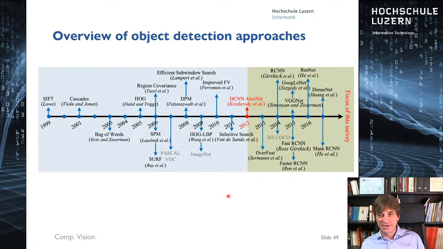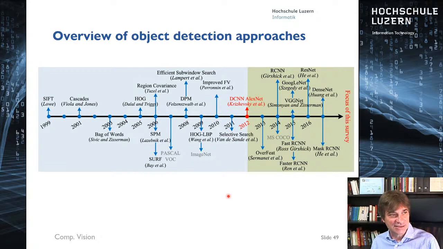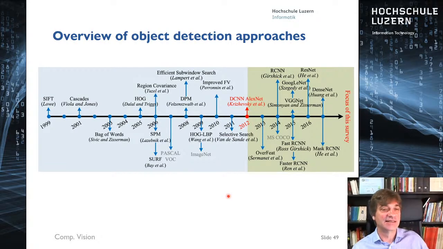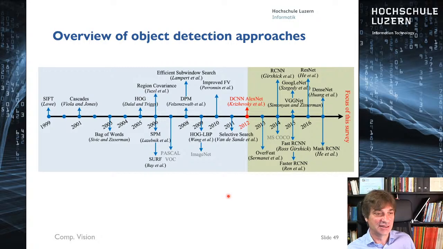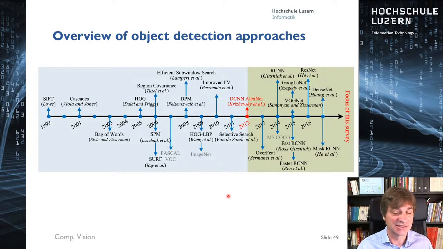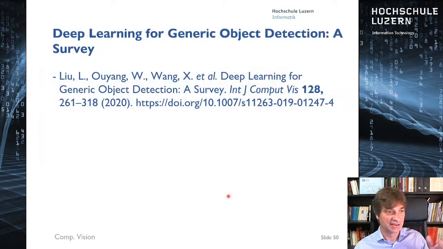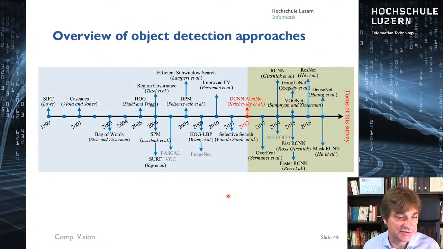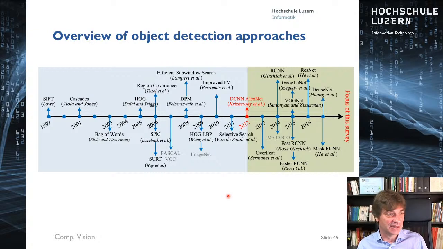Okay, so maybe as the end for this part on object detection, there is an interesting paper that is a survey of all the object detection methods. It's quite inclusive and has a lot of additional explanation if you're interested. This is this paper here, and this is one slide from that paper, which is available online.